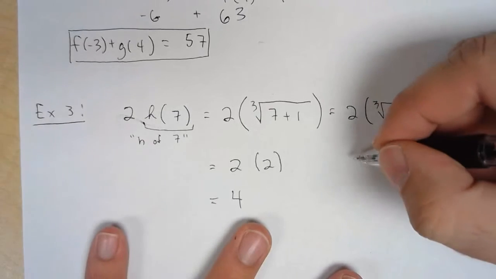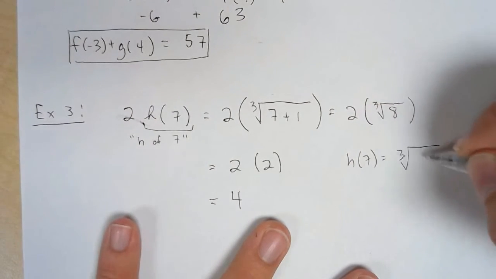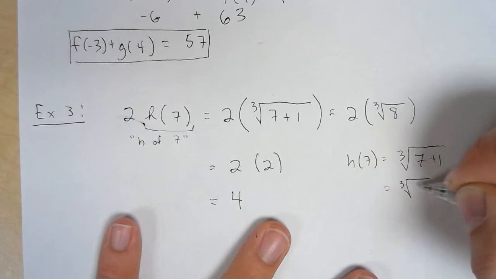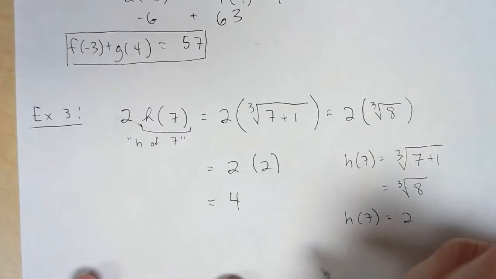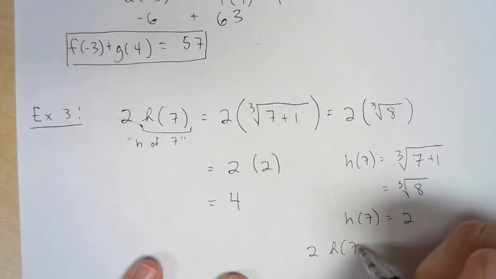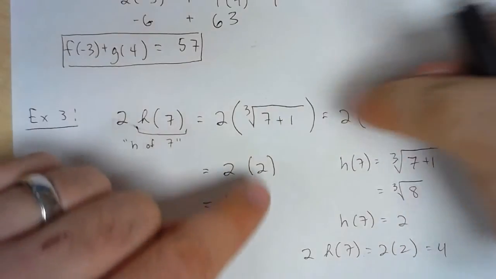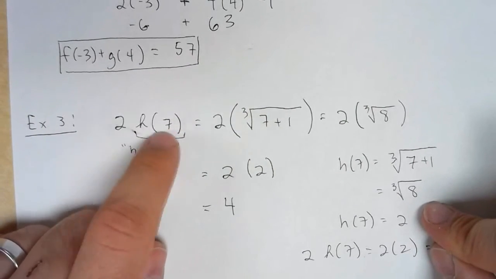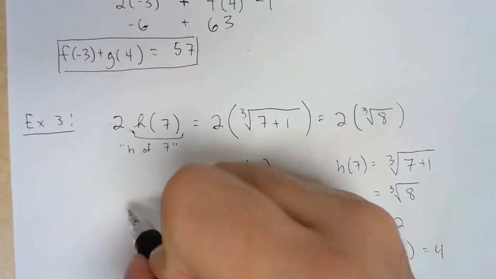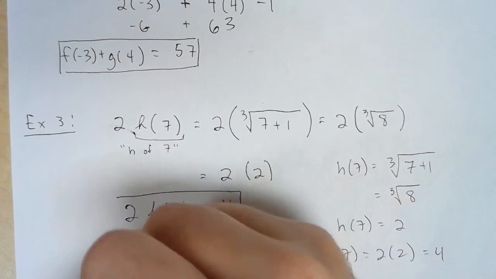You could also find h of 7 over here and say that's the third root of 7 plus 1, which is 8, which is 2, and then say 2h of 7 is going to be 2 times 2, and that's 4. But you've got to take care of simplifying this evaluation part first. So 2h of 7 is equal to just 4.